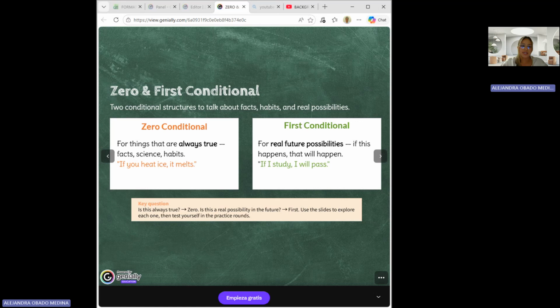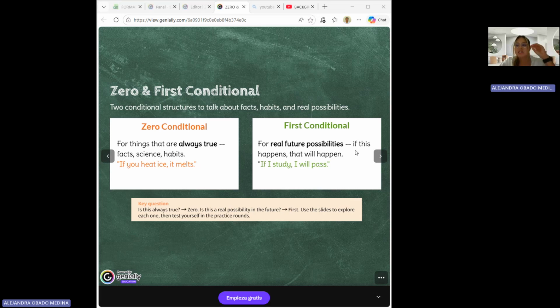In this presentation we have two structures to learn. Let me give you a quick overview. The zero conditional is for things that are always true. This happens every single time, without exceptions. And the first conditional is for real future possibilities.